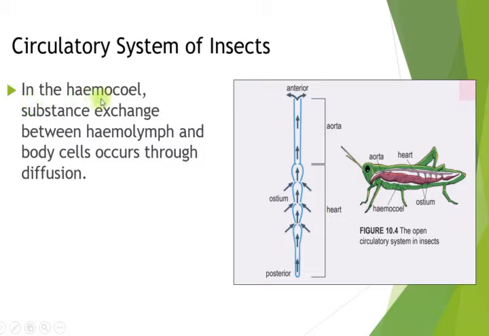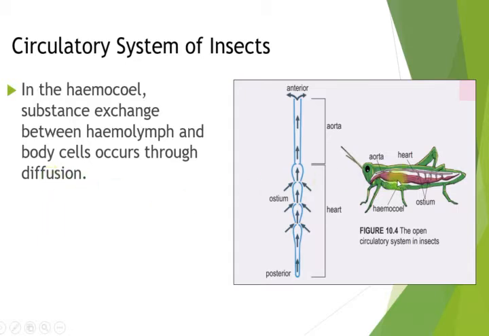In the hemocoel, substance exchange between hemolymph and body cells occurs through diffusion. The substances refer to the nutrients exchanged between the hemolymph and the body cells, by the process of diffusion.